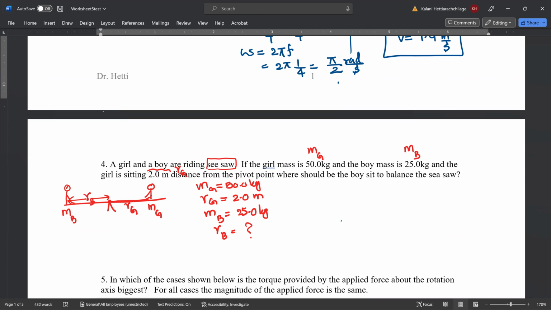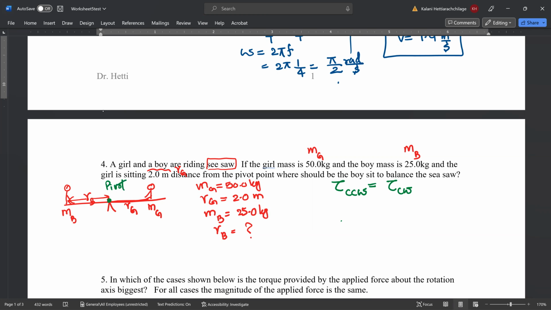So when it is at equilibrium, we know that rotation coming from boy, or I would say first counterclockwise rotation equal clockwise rotation. That means it is balanced. Whatever rotation done by the girl should be equal to whatever rotation done by the boy at this point. That, we call it as pivot. Right?